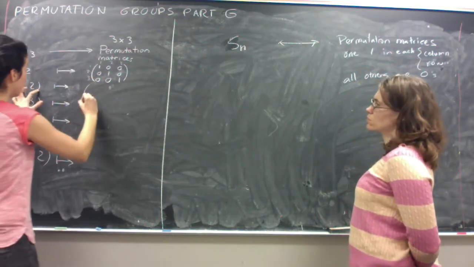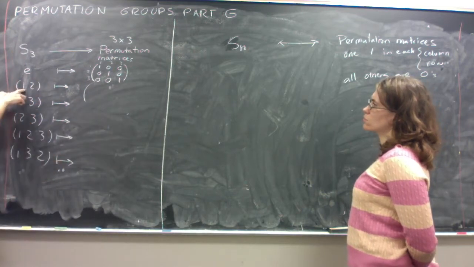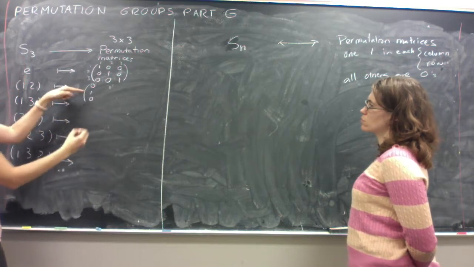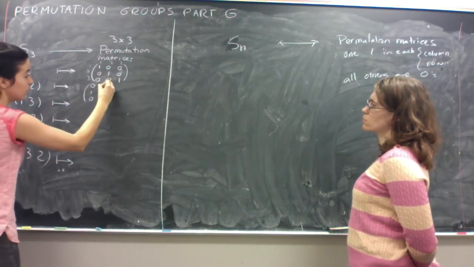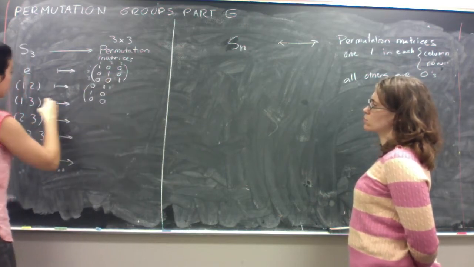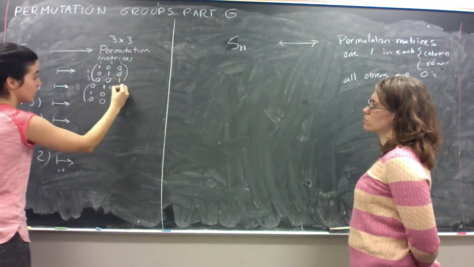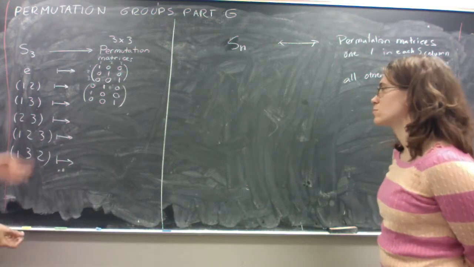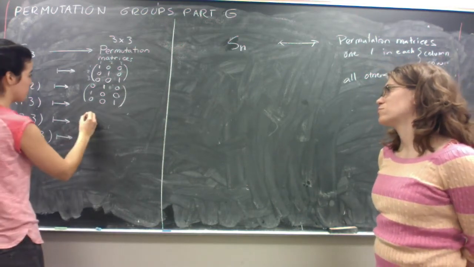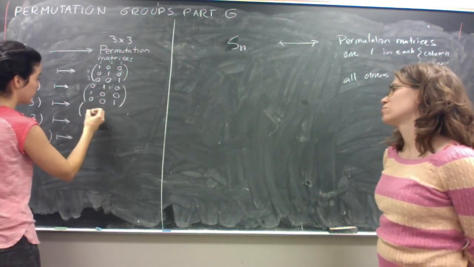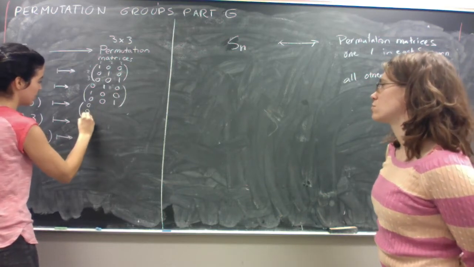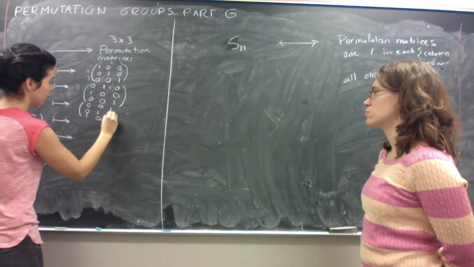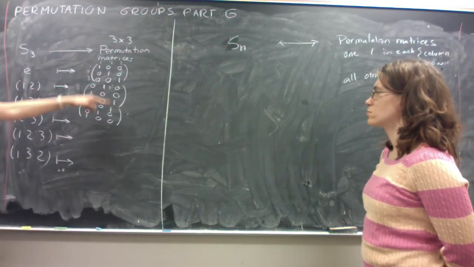1 goes to 2, so the first column, the only non-zero entry will be in the second row. 2 goes to 1, so it'll be something like this, and 3 remains untouched, so 3 goes to 3. 1 goes to 3 will be this, so let me speed things up a little. 2 remains untouched, and 3 goes to 1.